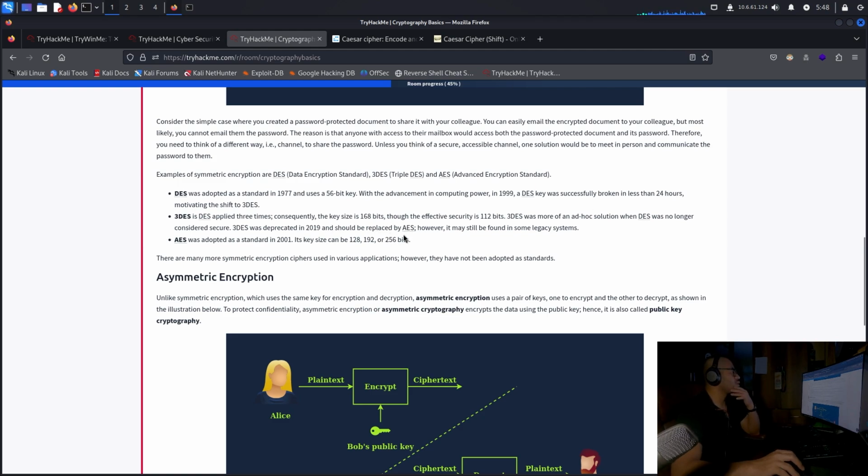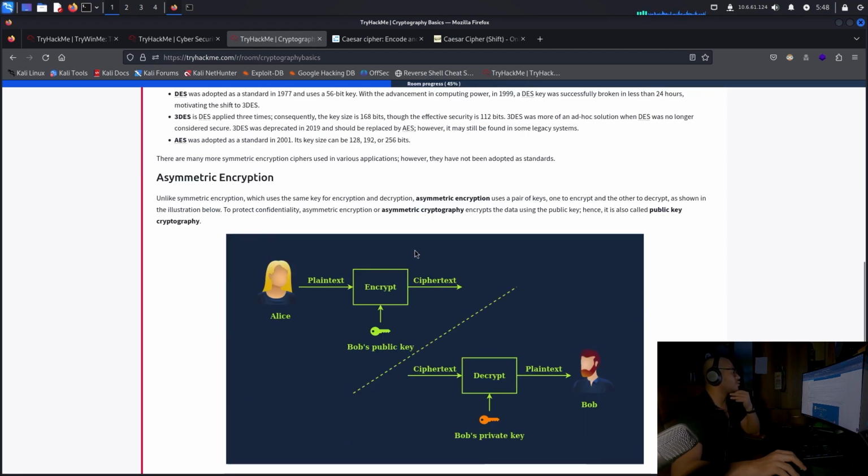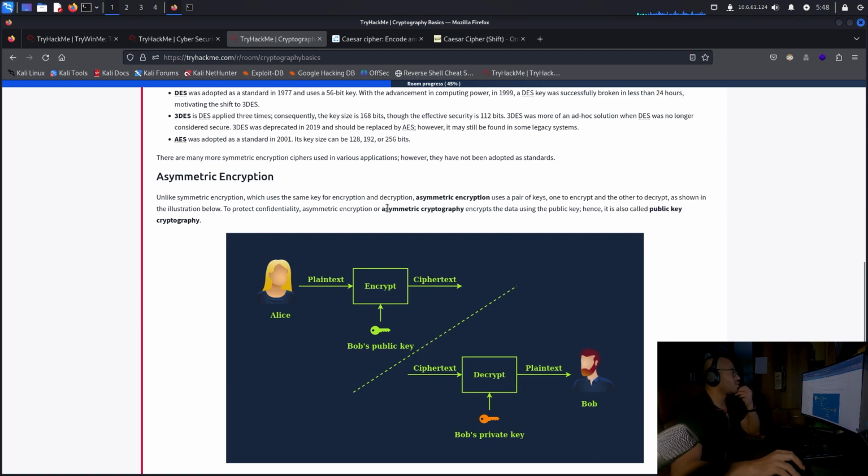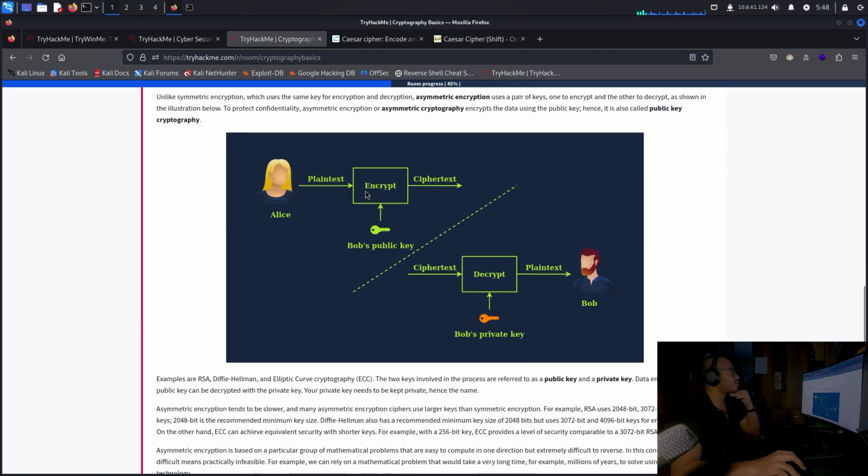Applied 3 times consecutively, the key size is 168 bits, though the effective security is 112 bits. 3DES was more of an ad hoc solution when DES was no longer considered secure. 3DES was deprecated in 2019 and should be replaced by AES, however, it may still be found in some legacy systems. AES was adopted as standard in 2001. Its key size can be up to 256 bits. There are many more symmetric encryption ciphers used in various applications, however, they have not been adopted as standards.